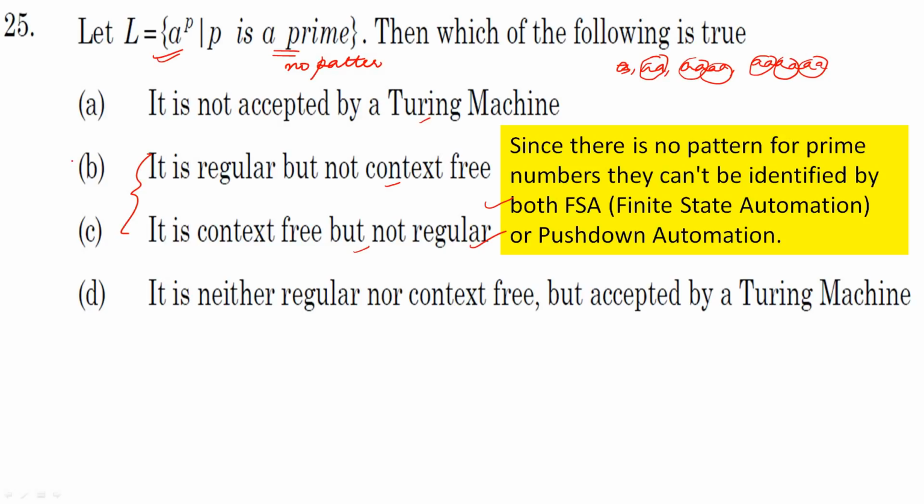So both B and C are not true. Now what about the Turing machine? Yes, it can be accepted by a Turing machine, because we can write an algorithm. We all have written programs for calculating primes. So there exists an algorithm.